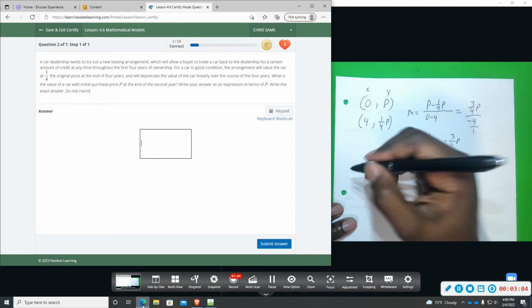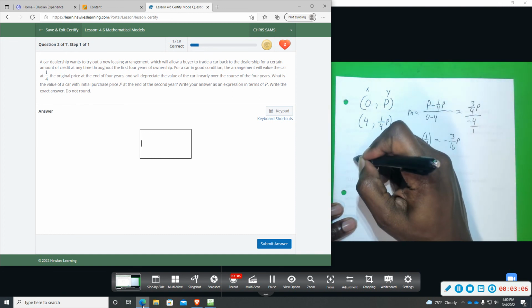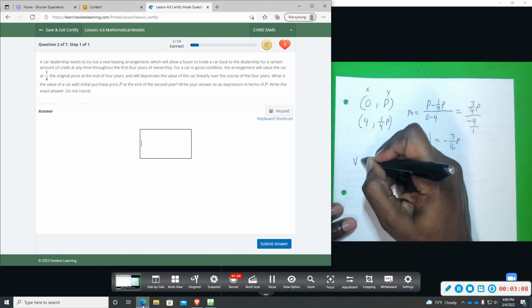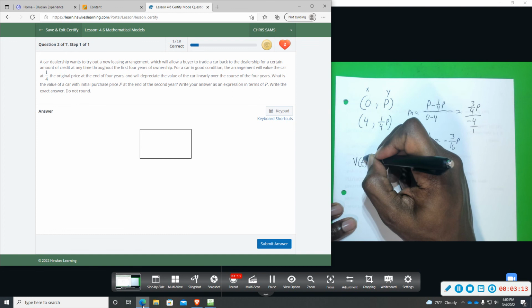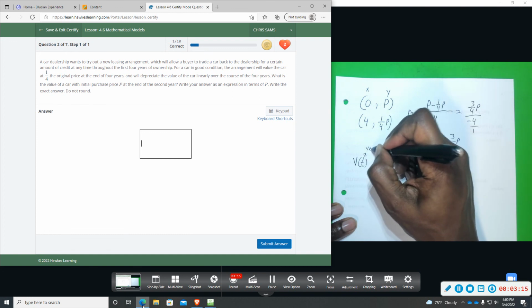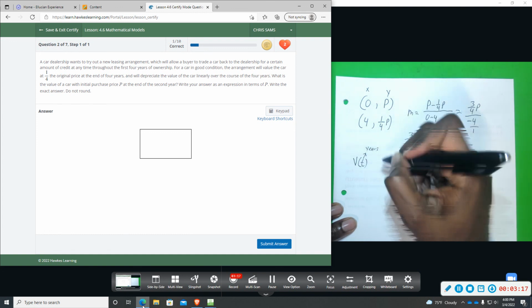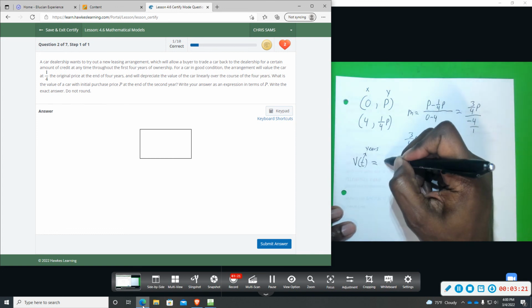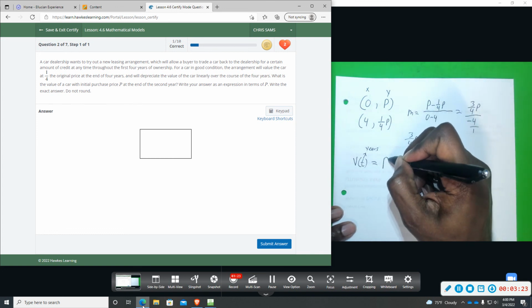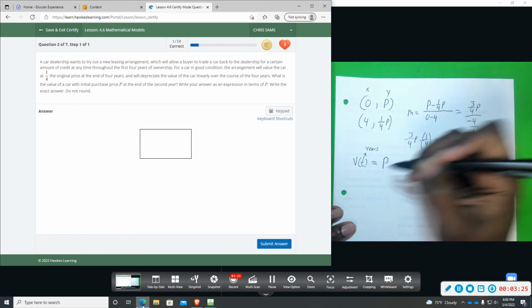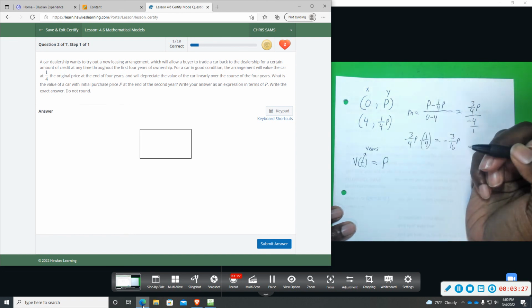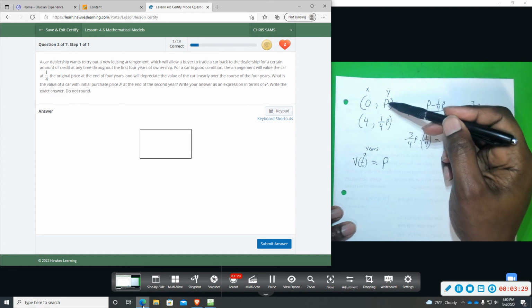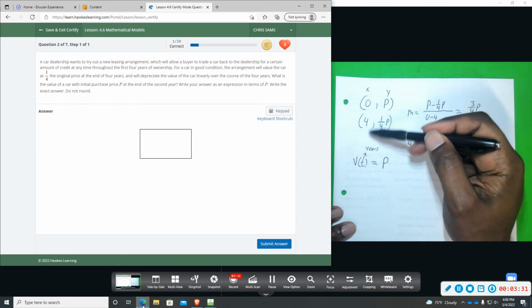So the value of the car, which we'll just call V, is a function of time. T is going to be time in years, so this is how many years have passed. We have to start out with our initial value. Did I do that right? Yeah.